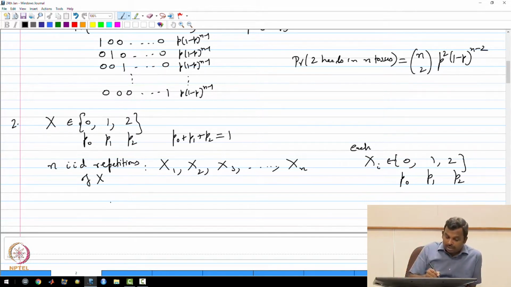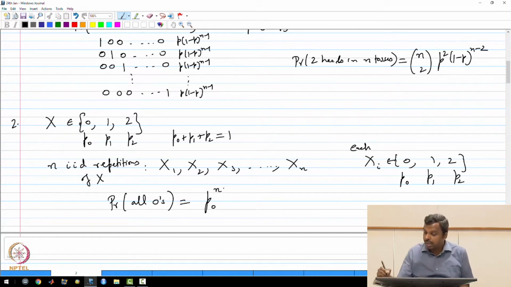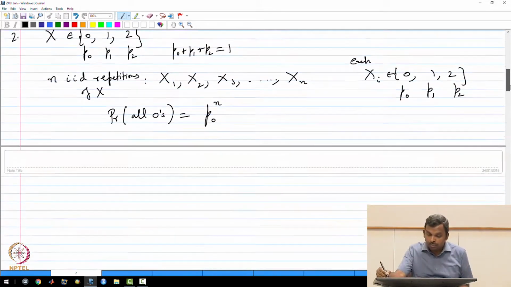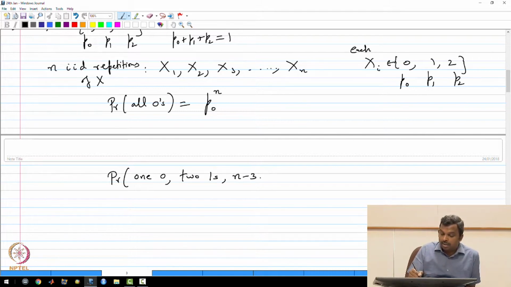Now again you can ask such questions. What is the probability that you have all zeros? So all of them are zeros. Once again, you can multiply all of these together, and you will get this very simple answer, p0 power n. If you want to ask slightly more complicated questions, suppose you say the probability of one 0, two 1s, and n minus 3 2s.